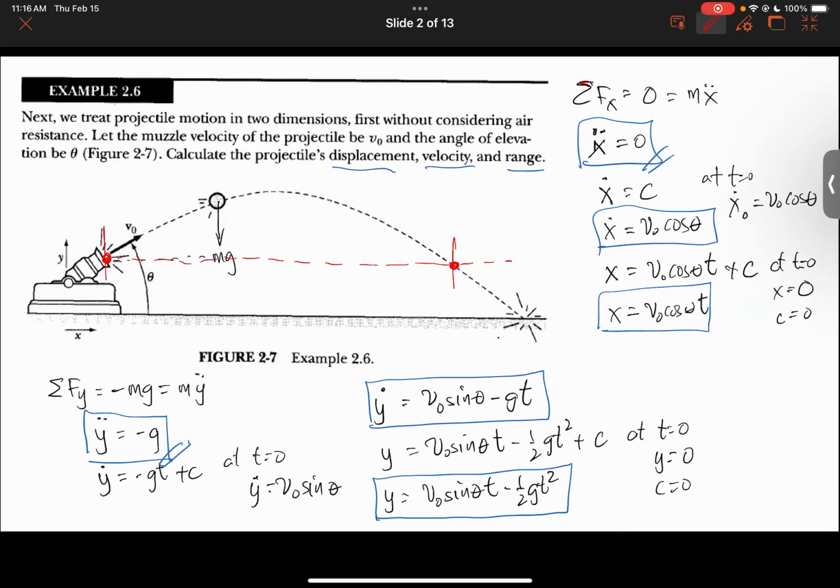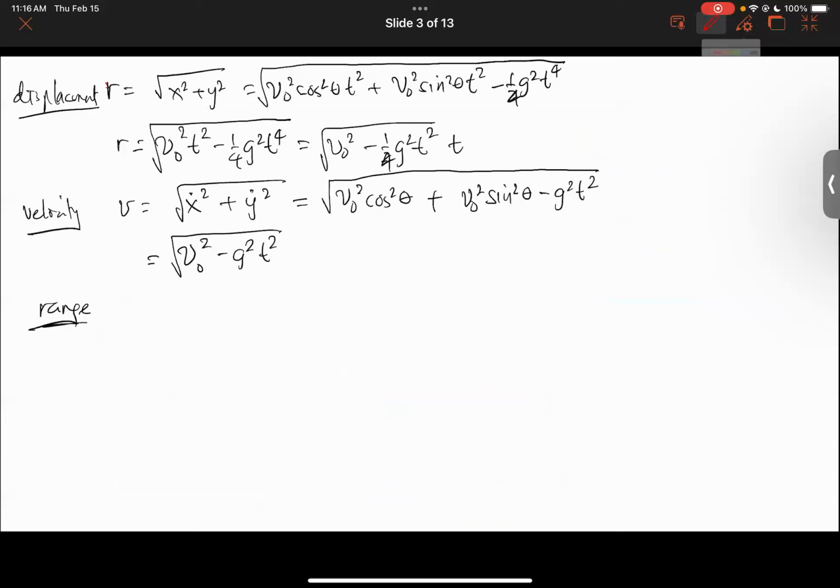So if its starting position is at y equals 0, di ba? Ito yung initial condition natin. Then yung final position niya to solve for the range is at y is equal to 0.